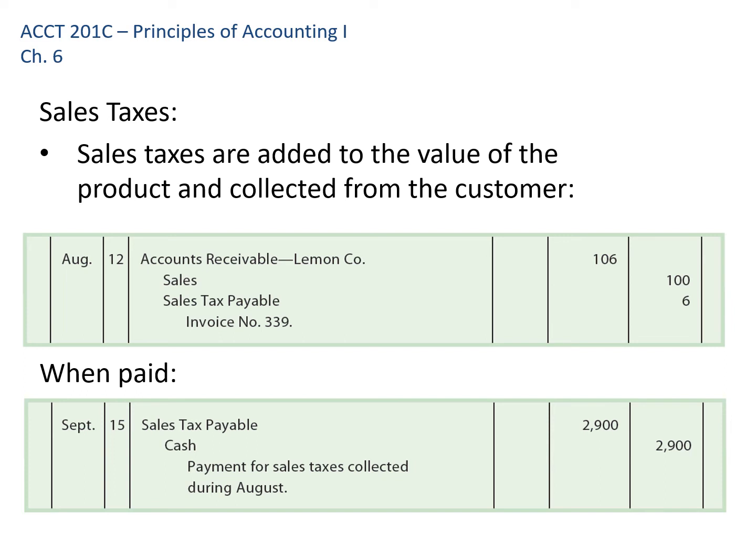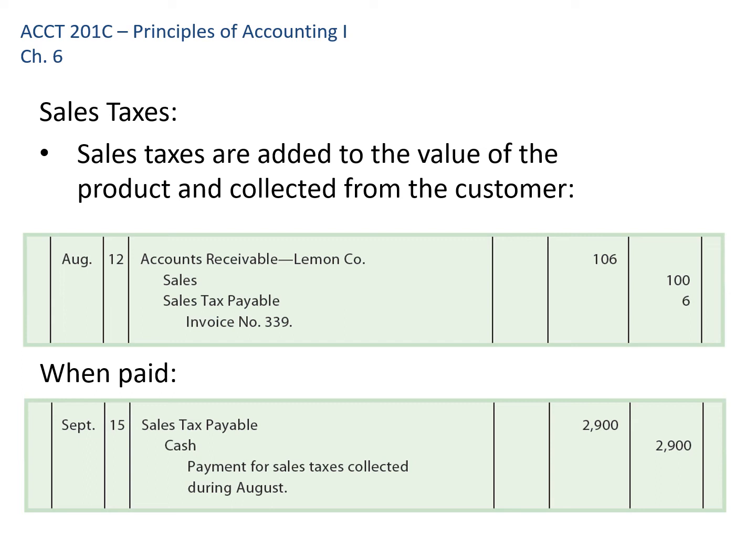We'll record the sale not at what we're collecting from the customer, but at the price of the goods. And then we create sales tax payable. That's the amount that we have to pay to the government at the end of the month or the end of the quarter, depending upon the timing. The business here is simply a conduit. They're collecting money from a customer and forwarding that money to the state.